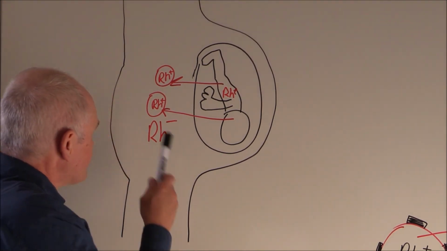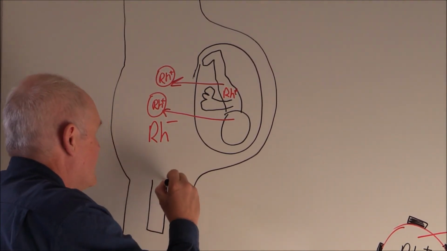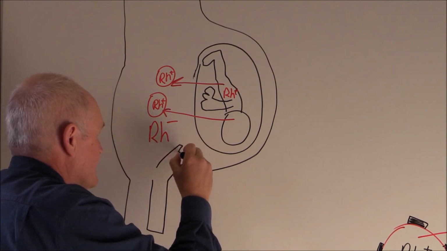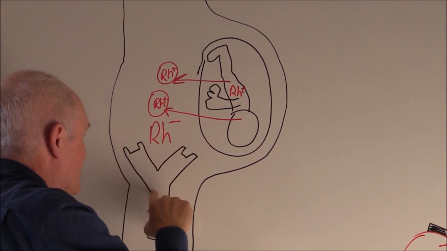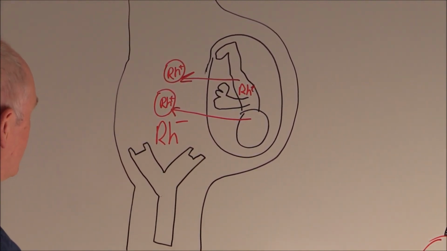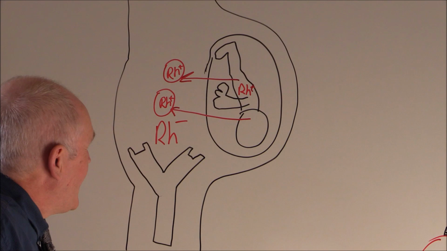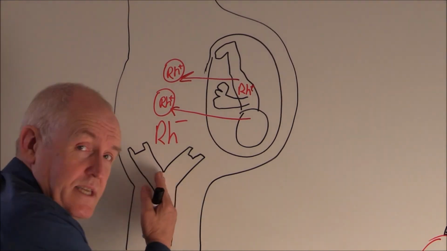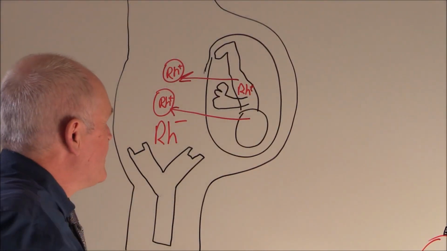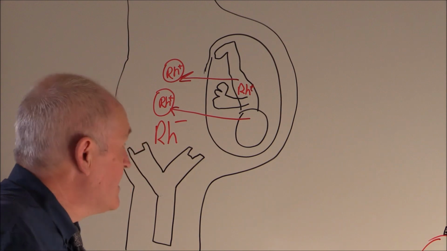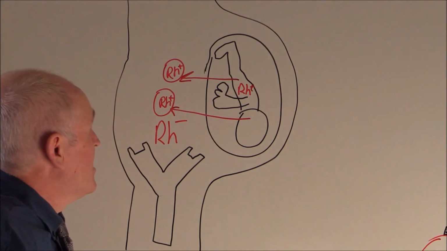Now, what this will mean is that the mother will make these rhesus factor antibodies. In other words, the mother will become sensitized to the rhesus factor. She will make rhesus factor antibodies which previously she did not have. The mother will become sensitized. Now, this baby is going to be born, and during the first pregnancy there's not usually any problem because most of the sensitization is likely to take place during the birth of the child.